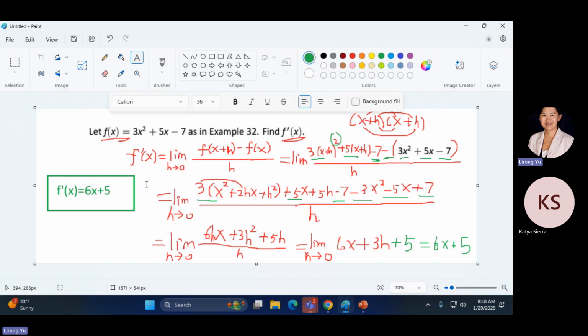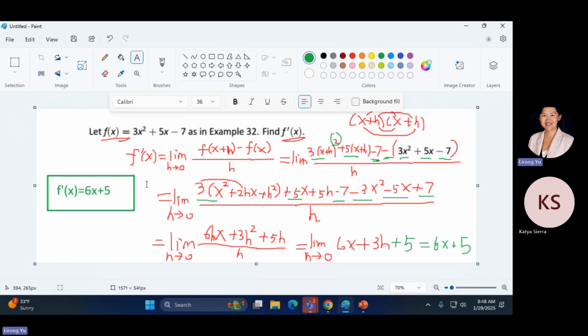So for at least the 5x minus 7, remember it's a linear term. When you have a linear term, the slope is a number. So for 5x minus 7, the slope is 5. The derivative of 5x minus 7 is 5. Now we know from the past, then we have 3x squared. The derivative of 3x squared is 6x.